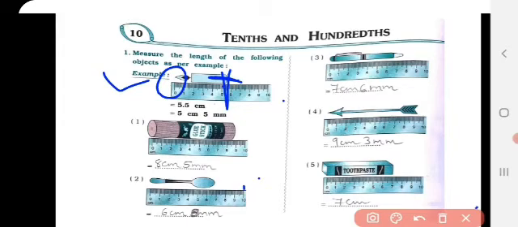So it ends on 5 and then you have to count the small divisions. It stops on 0.5, that is 5.5. Clear?